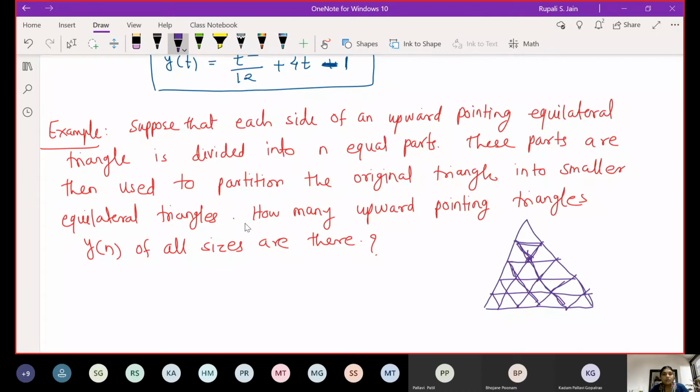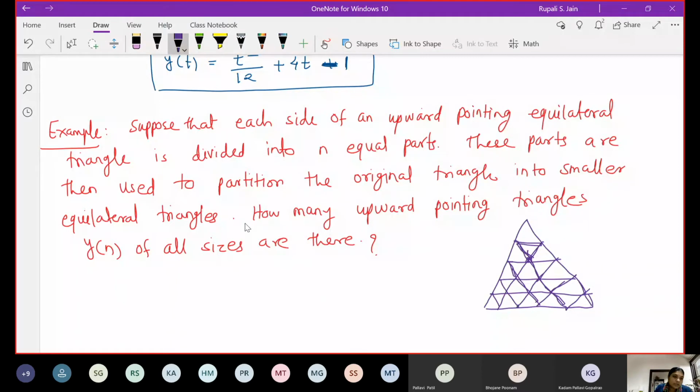So what it's saying, suppose that each side of an upward pointing equilateral triangle is divided into n equal parts. These parts are then used to partition the original triangle into smaller equilateral triangles. How many upward pointing triangles y_n of all sizes are there?